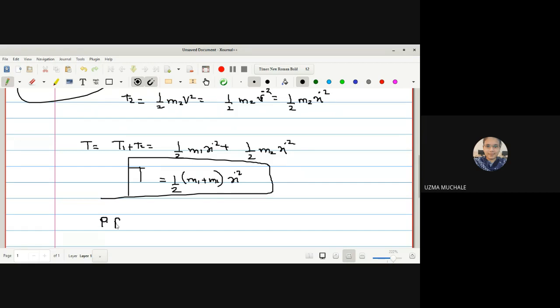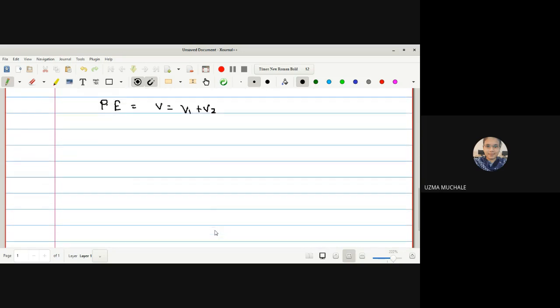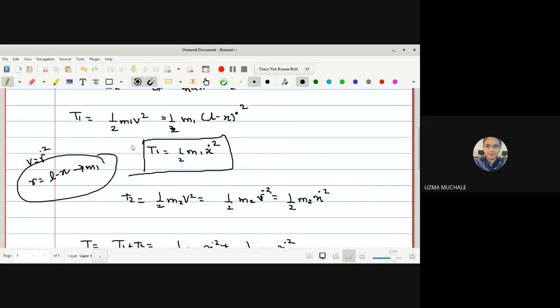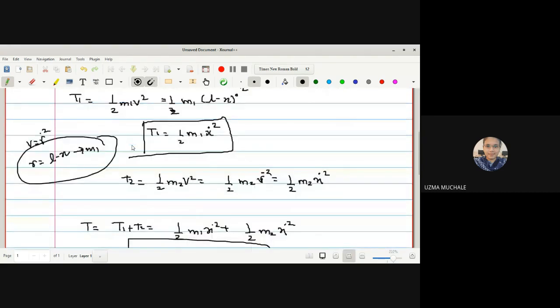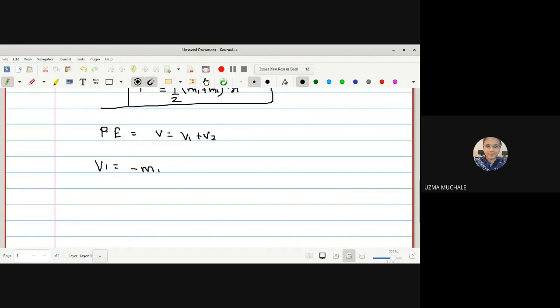Now what is the potential energy? We can write the potential energy V again as a combination of V1 plus V2, correct? So what will be V1? V1 is minus, as we are in the downward direction, right? As this is in the downward direction, I can write it as minus m1 g h.